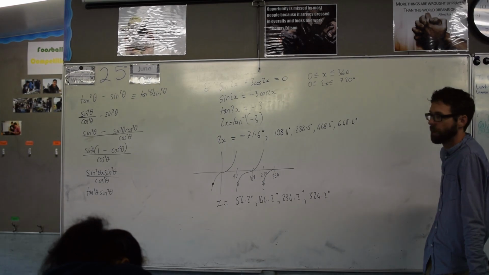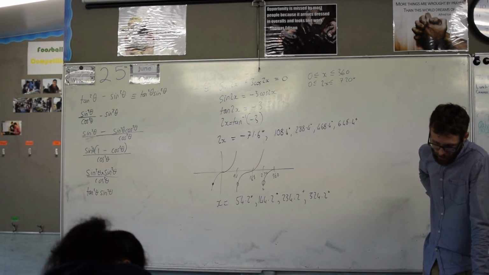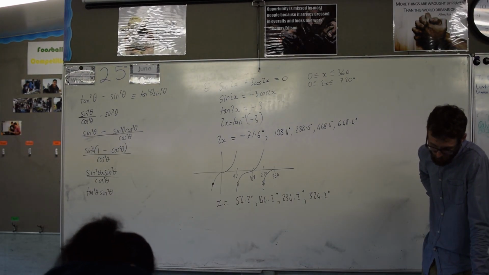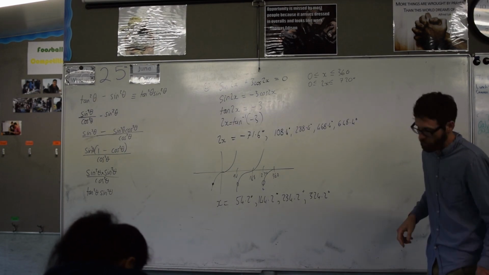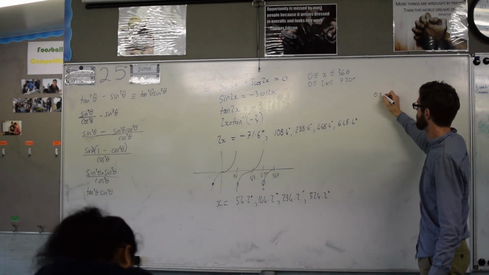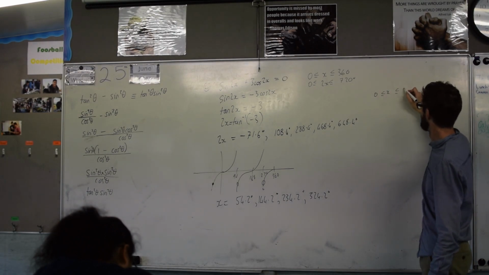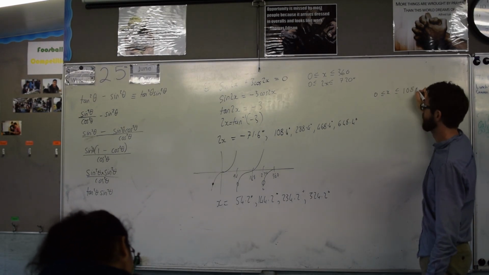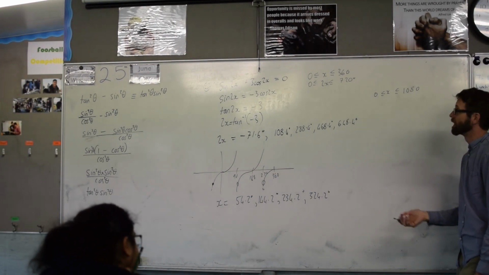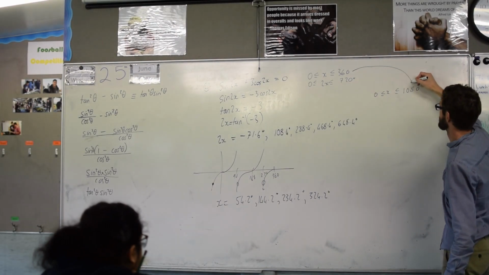Okay, the last part of this question says, how many solutions would there be for this between 0 is less than x is less than 1080? So all you need to do is, how many times does this go into that?